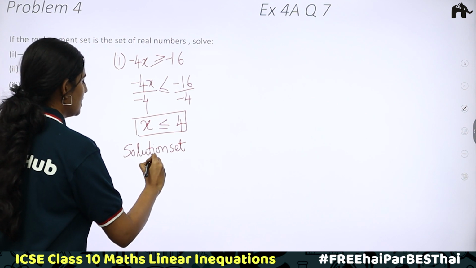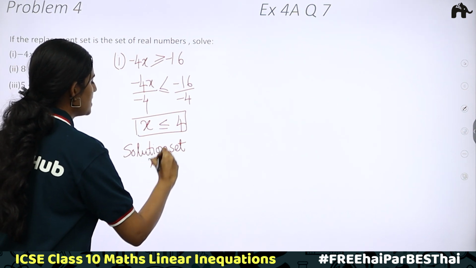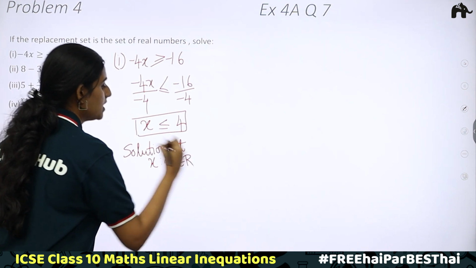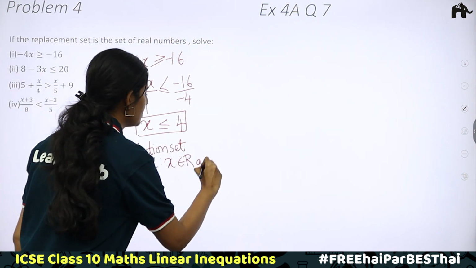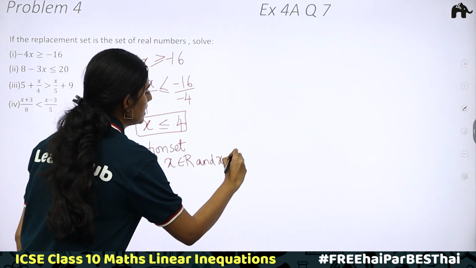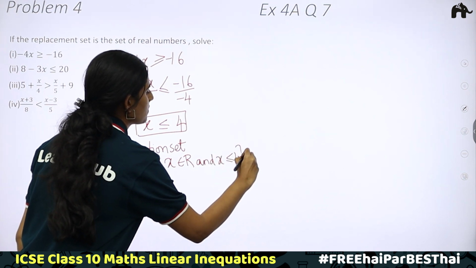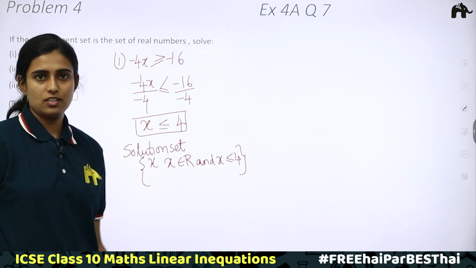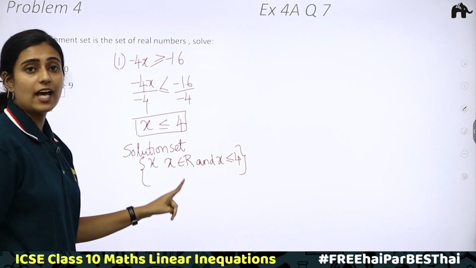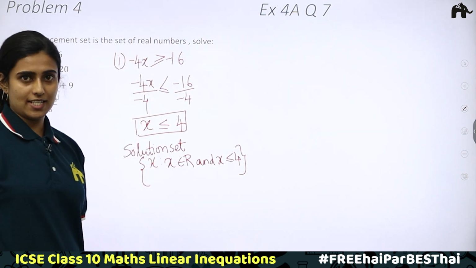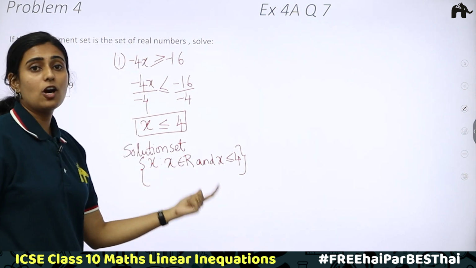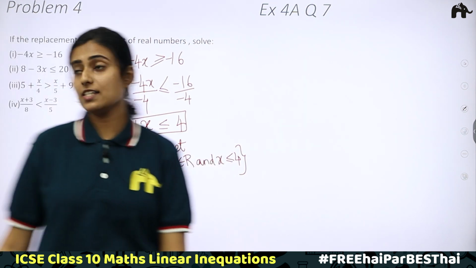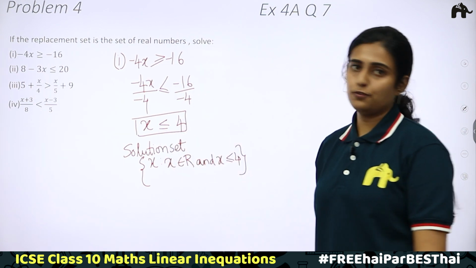That is, x such that x belongs to real numbers and x less than or equal to 4. This is our solution set. Just give the two conditions. One is that we get from the replacement set: x should belong to real numbers. And the second that we have determined: x less than or equal to 4.